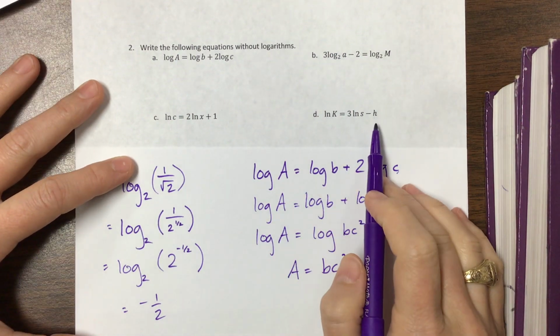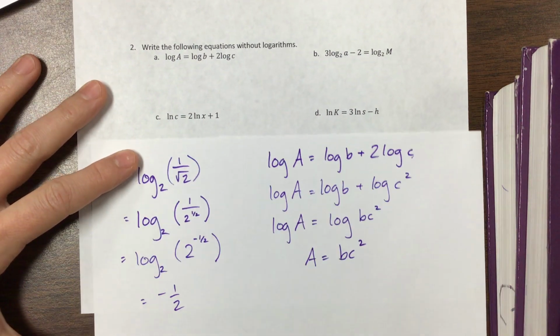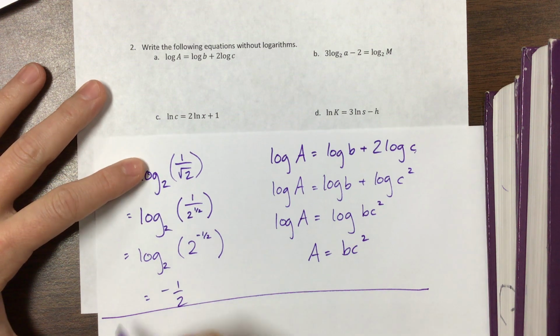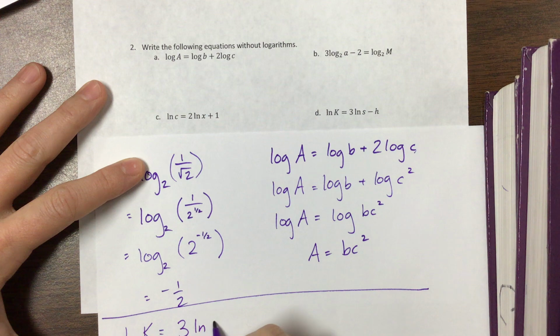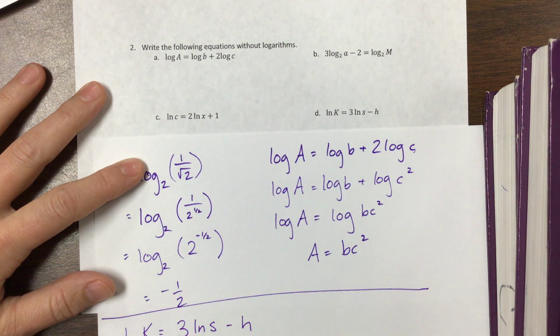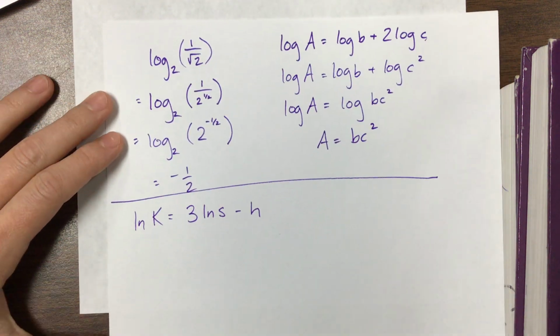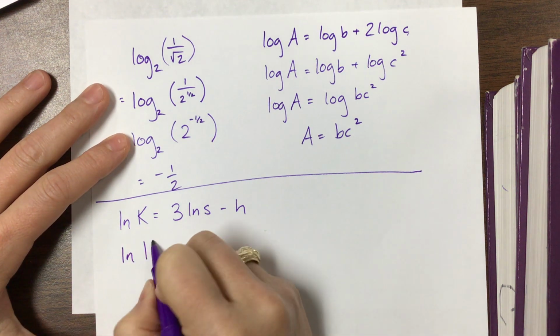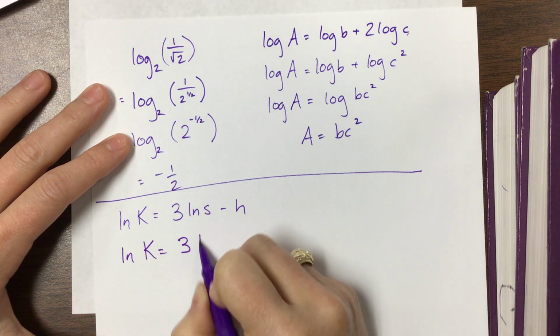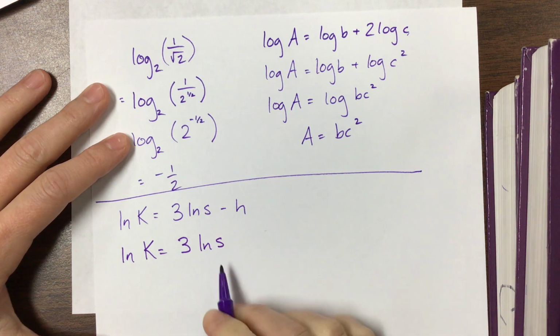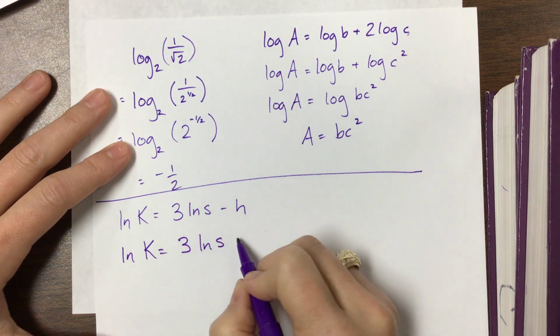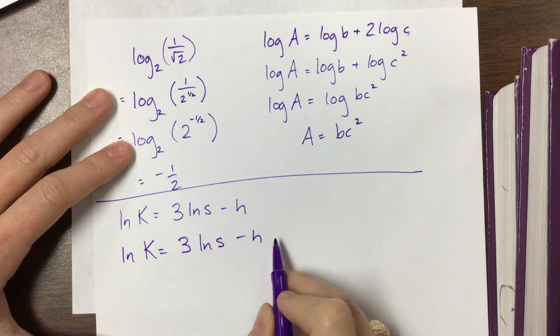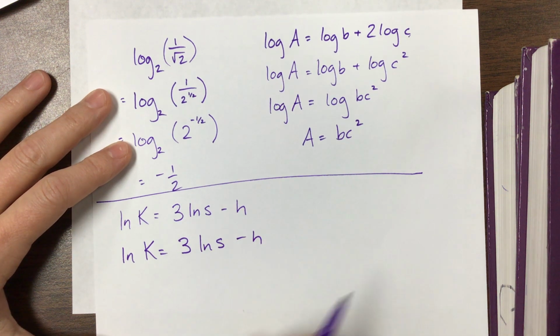This one, oh, you know what? I'm going to do D with you. That's the natural log of K is equal to E times the natural log of S minus H. I deliberately picked K-O-S-H, except not O. But in this one, I've got the natural log of K is equal to 3 natural log of S. Now, I could put everything together, all my natural logs, or what I can do is multiply this by 1.